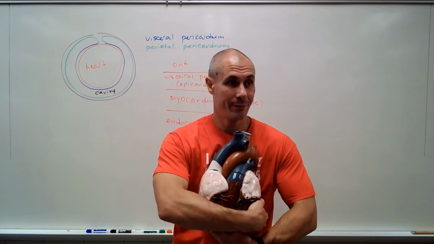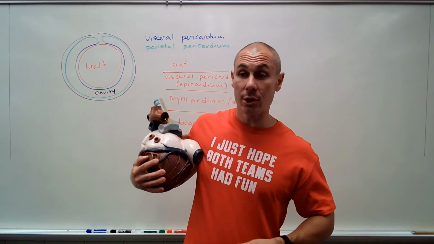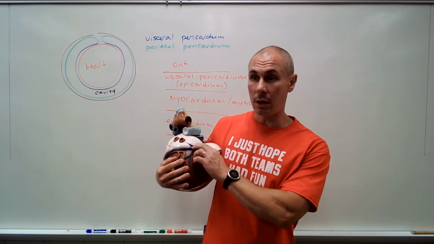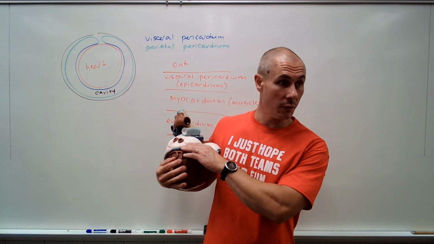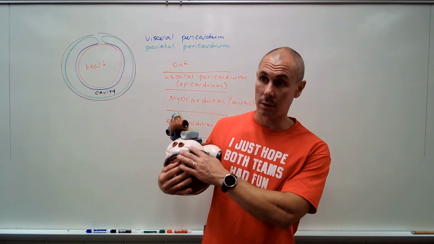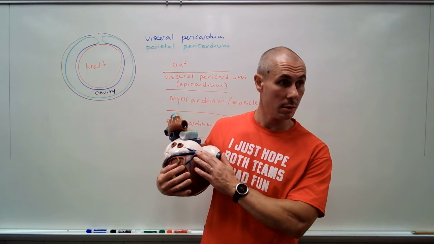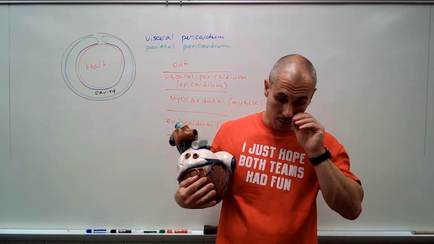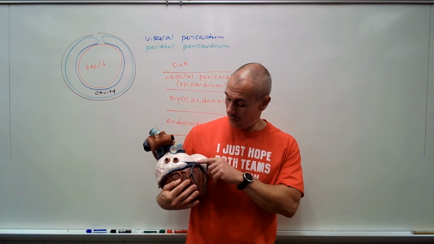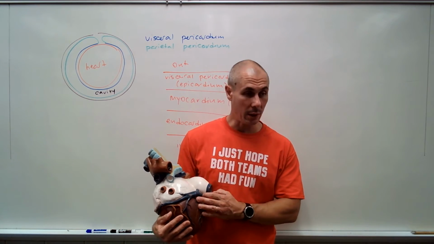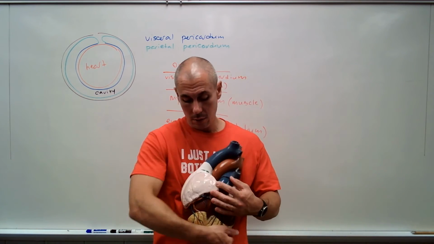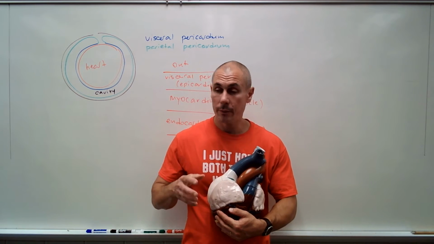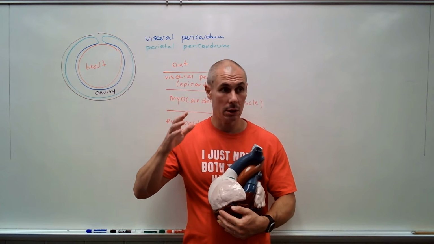Am I clear? Blood is drained from the cardiac muscle through the posterior venous sinus. Can you see that? And then the venous sinus drains the blood into the right atrium.